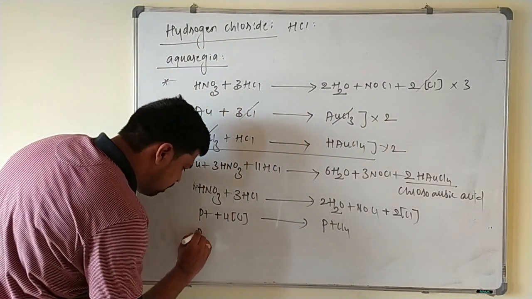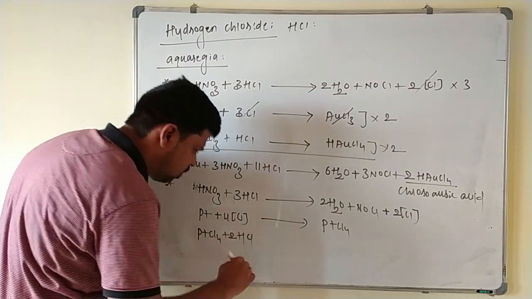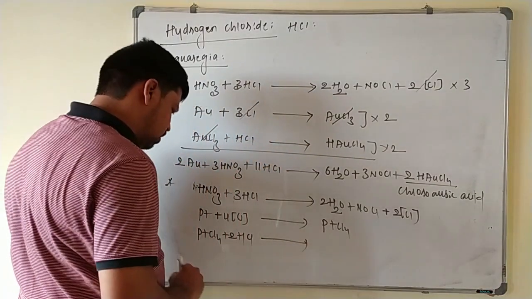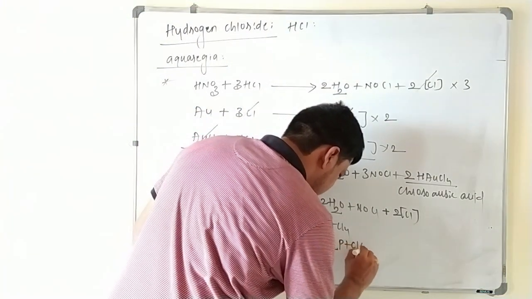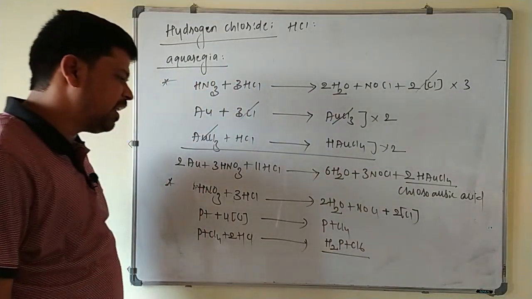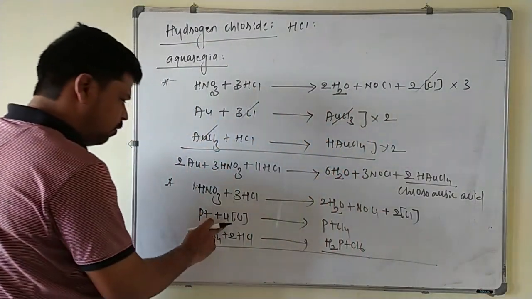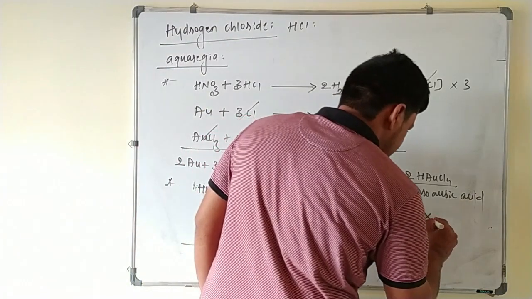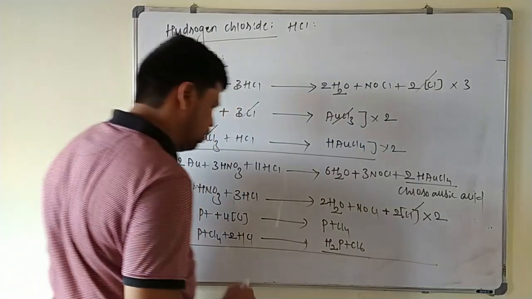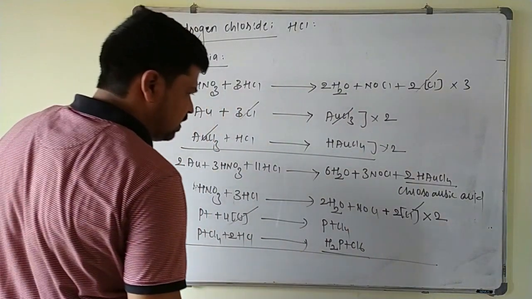Next, this PtCl4 reacts with 2 times of HCl giving H2PtCl6, chloroplatinic acid it is. So now here 4 nascent chlorines are reacted and here only 2 are there, so just it is multiplied with 2 in order to cancel these nascent chlorines here.